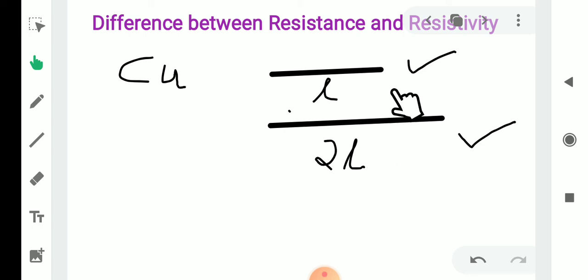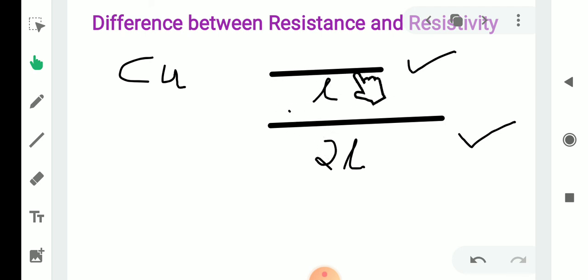But coming to resistivity, what is the resistivity of copper? That is 1.62 × 10^-8 ohm meter. Both wires are made of copper, therefore the resistivity is common for the material.